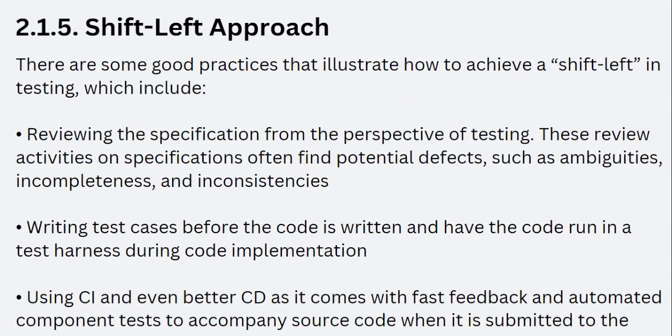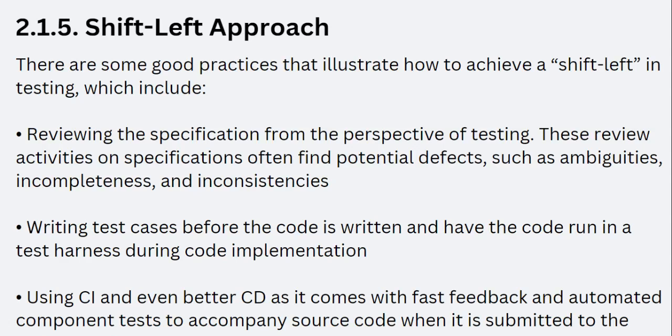To achieve a shift left in testing, several best practices can be adopted, including reviewing specifications from a testing perspective. Such reviews often uncover potential defects like ambiguities, incompleteness, and inconsistencies.